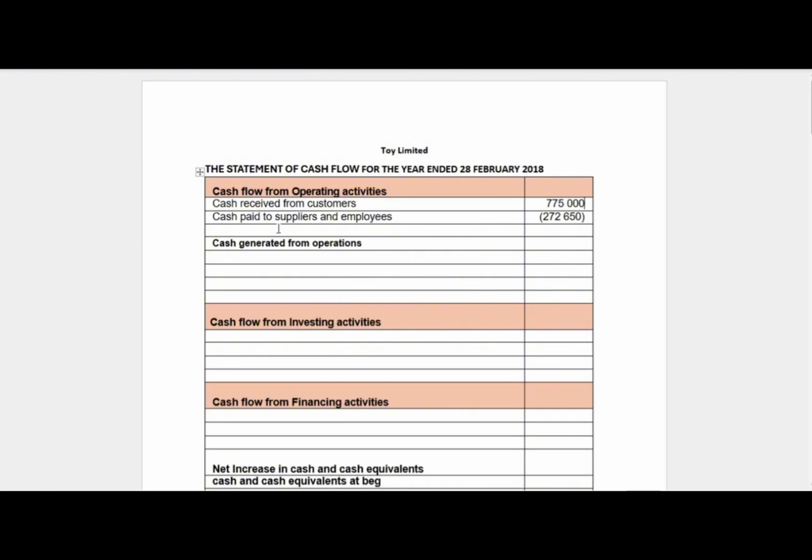Then from there, we need to calculate cash generated from operations. Cash generated from operations is going to be cash received from customers less cash paid to suppliers and employees. Let's do that quickly. 272,650.